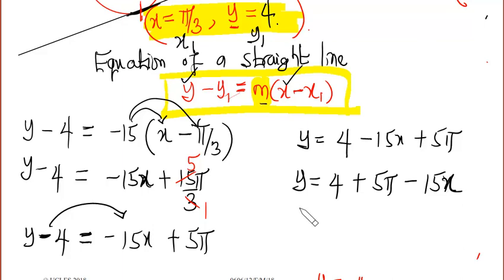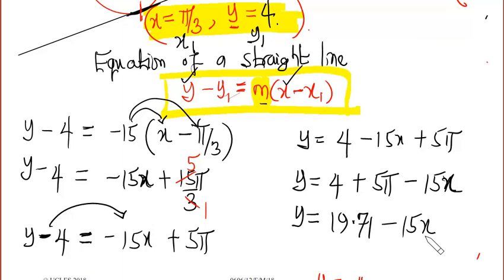Now we have y equals, we can input 4 plus 5 pi into the calculator. We have 19.71. And at this point, pi here is not actually 180 degrees. Pi is 22/7 because 5 pi is just a single value and not a trigonometric function. So input 4 plus 5 pi into your calculator, you have 19.71 minus 15x.